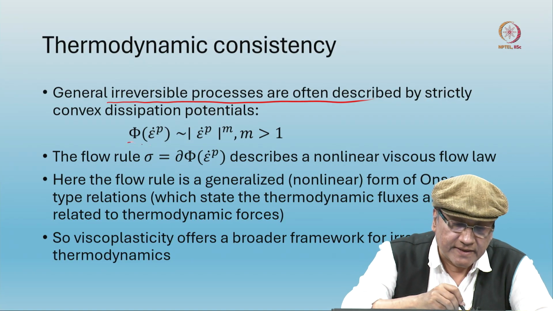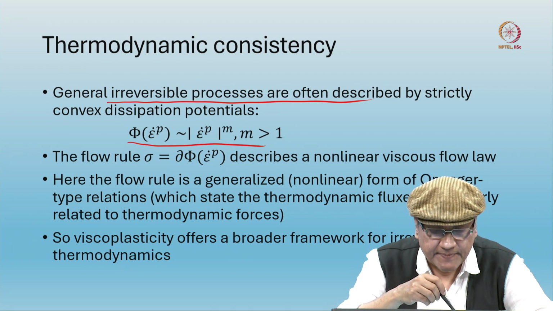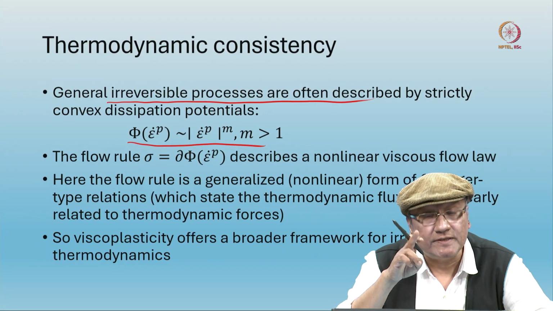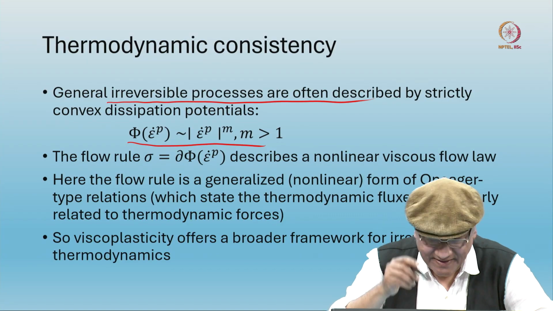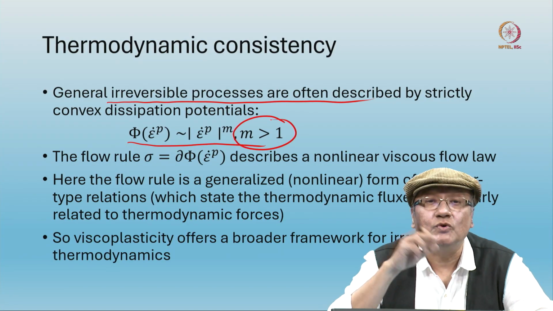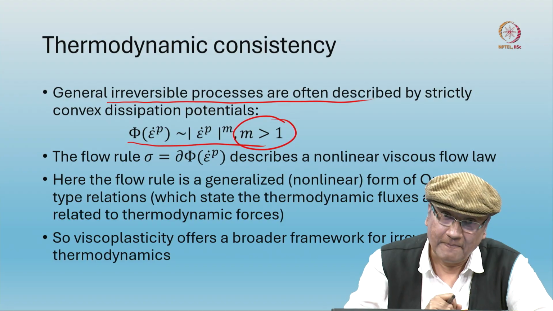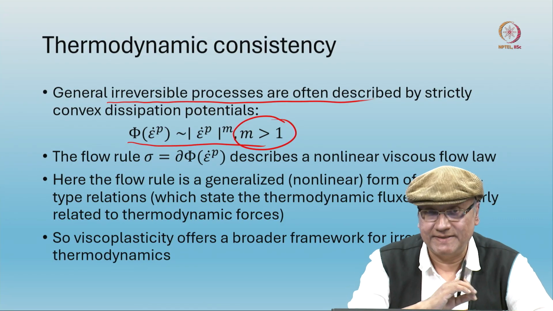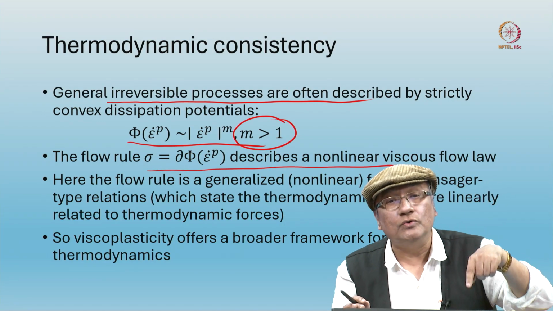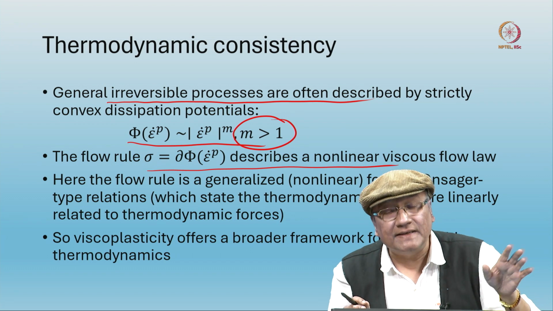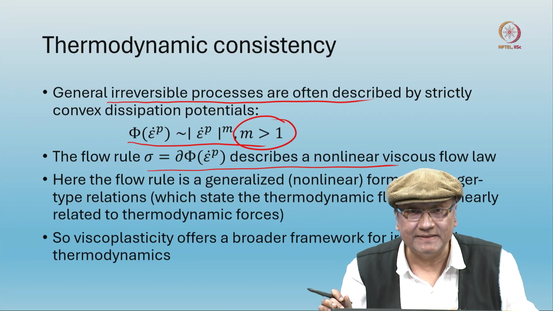For example, you can think of phi as a function of epsilon p dot to be of the type scaling like norm of epsilon p dot to the power m. m equal to 1 means rate independent plasticity, while m greater than 1 is no more rate independent. There is no such straight limb, all right, it is strictly convex, right. So, it is as if, if you take now the flow rule sigma equal to the subdifferential of phi, then it describes a nonlinear viscously damped flow rule, right.